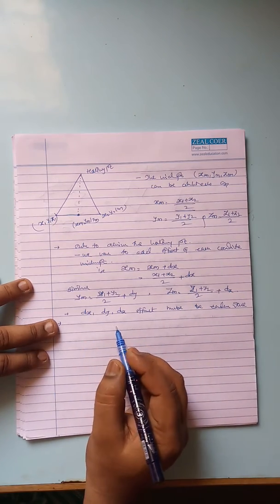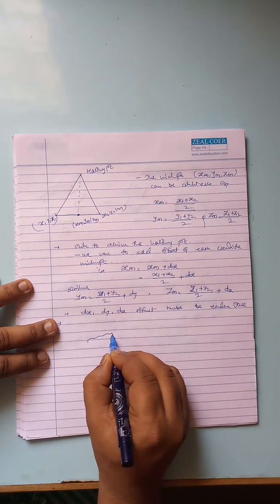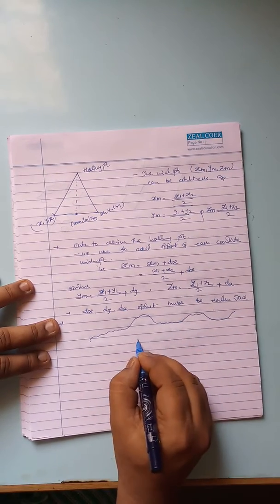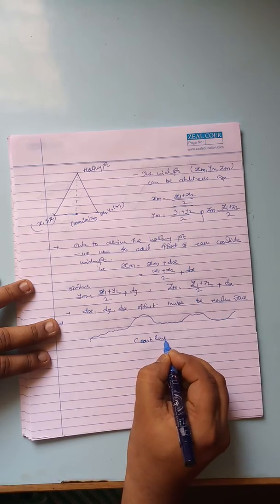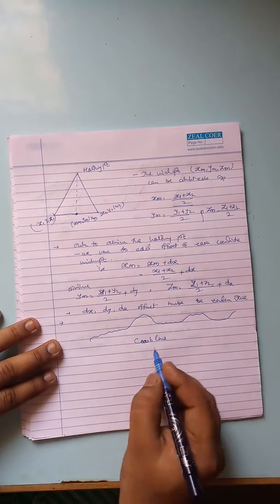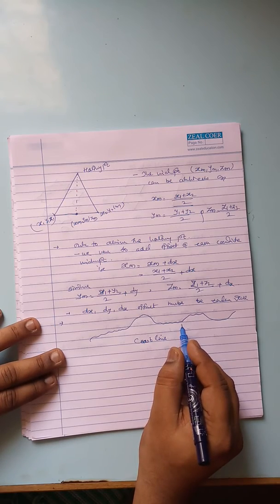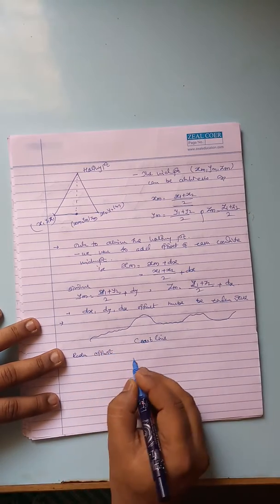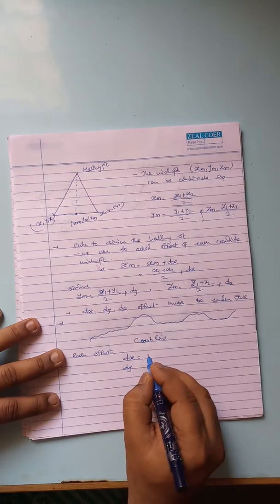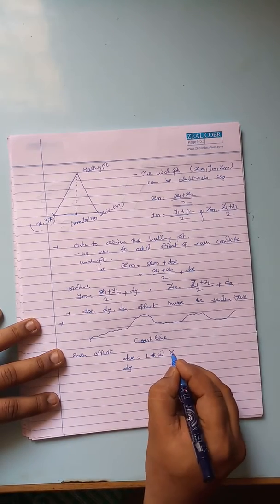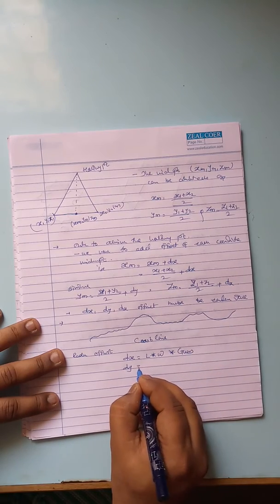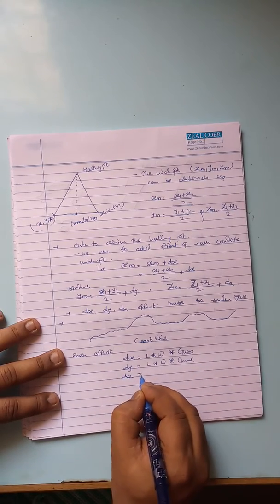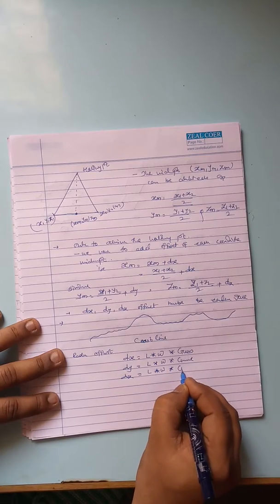For this we consider a Gaussian curve, and we find the random offsets as dx is equal to L into W into Gauss, dy is equal to L into W into Gauss, and dz is equal to L into W into Gauss.